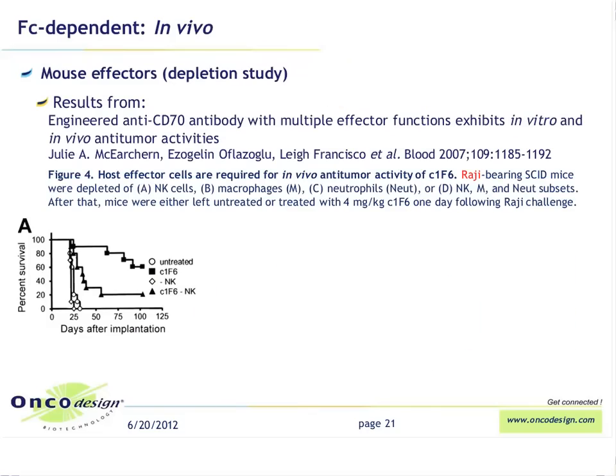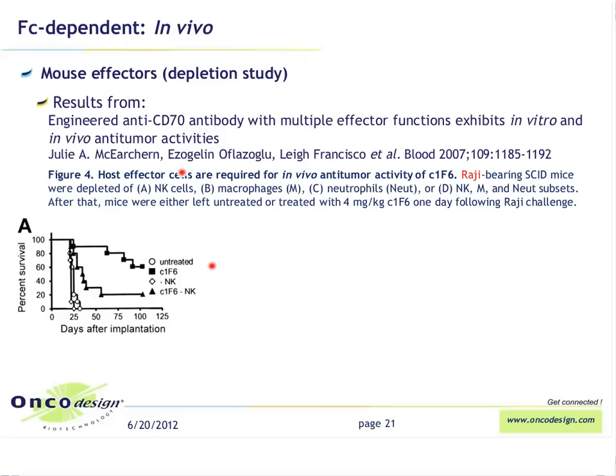In vivo, we are also able to test the ADCC function in two different ways. The first is using the mouse effectors, again in a depletion study as for CDC mediated function.